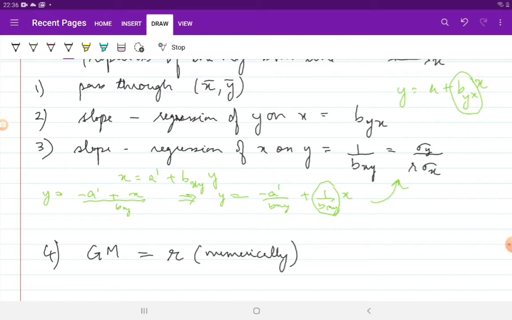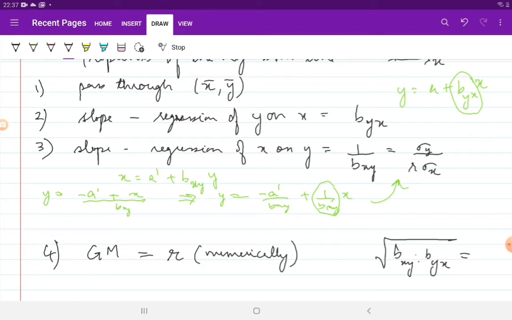Now, do you remember what the formula for geometric mean was? It is the nth root of n observations. Now we have two values, bxy and byx. So their geometric mean would be the square root of the product of the two.